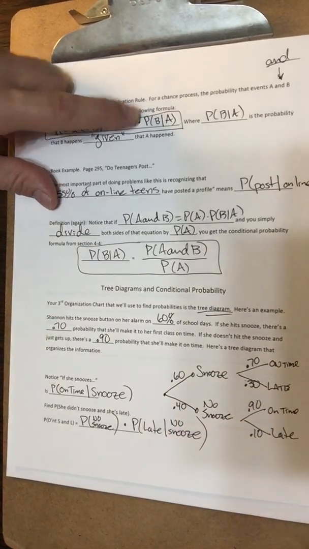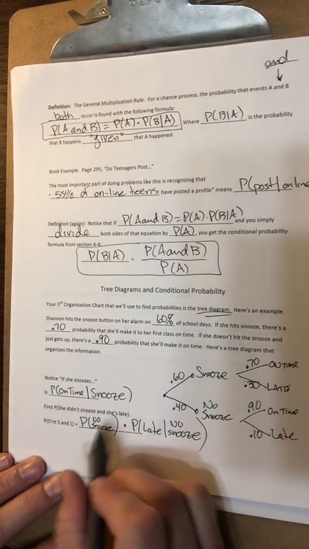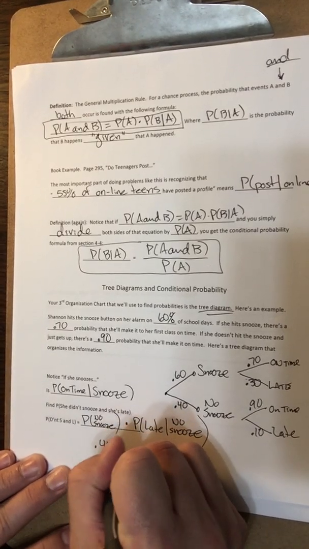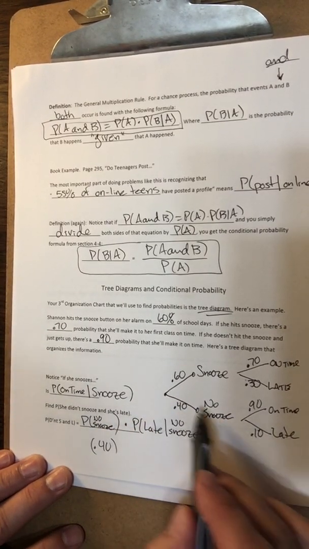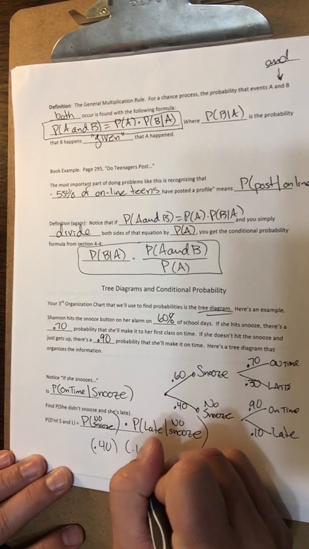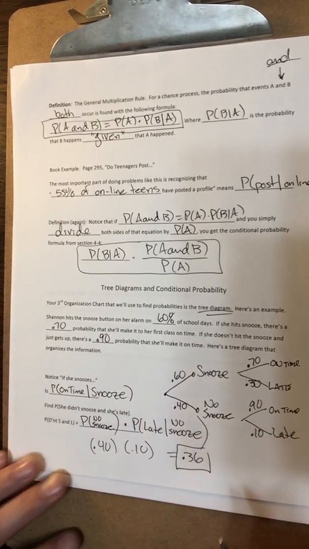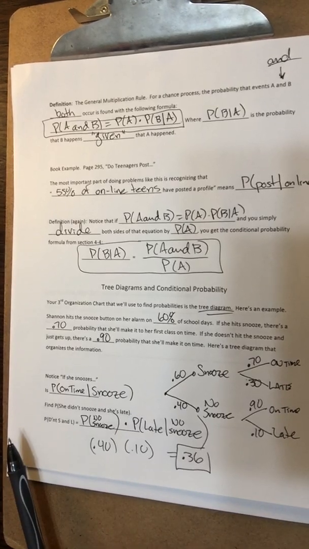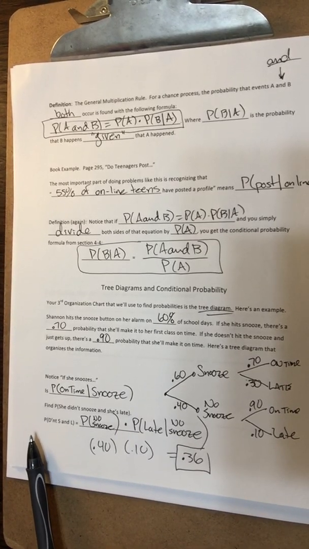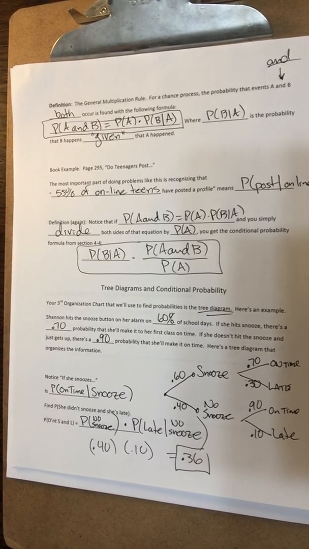I'm writing right into my tree diagram. Sorry about that. That's going to go no snooze 0.40. Probability that she's late given that she didn't snooze 0.10. When I multiply that together, I get 0.36. The probability that she doesn't snooze and is late is 0.36.